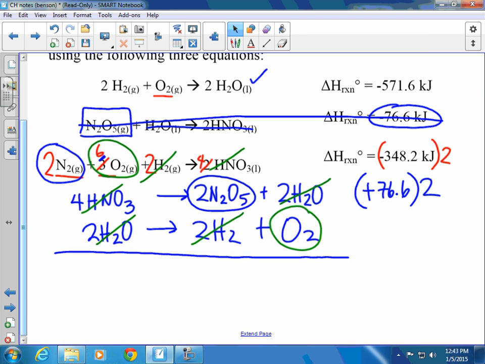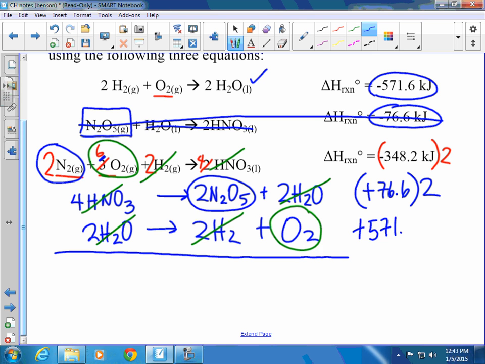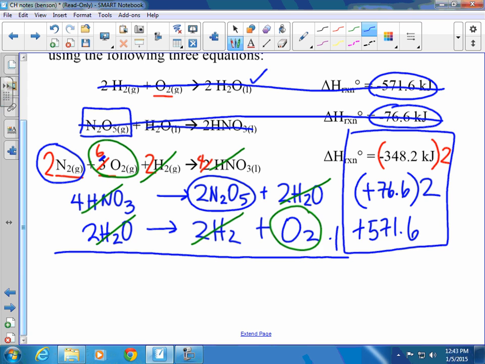Now I forgot to write down my heat of formation on this one, and I flipped it. That's all I did. So instead of this being an exothermic reaction, it's now going to be an endothermic reaction. And I got rid of that equation because I flipped it. So I'm going to take these three numbers right here, and I'm going to add them up, just like I'm going to add up my equation.